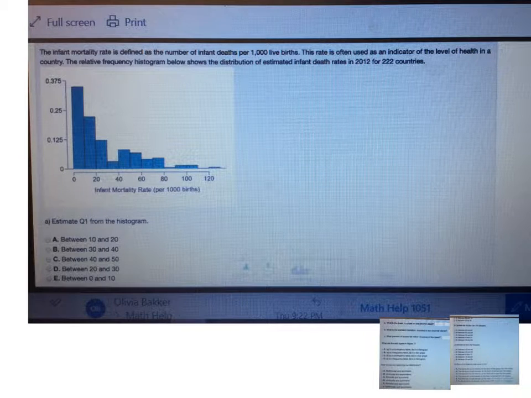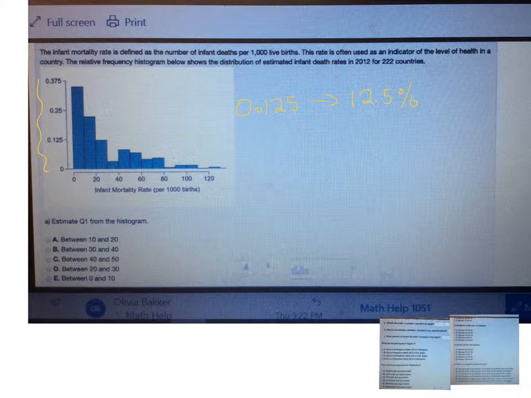What this histogram is showing on the vertical axis, these here are the percents, okay? They're written as a decimal, so if you see 0.125, then that really means 12.5%, and so on. Each of these bars has a value in terms of percentages of the overall population.